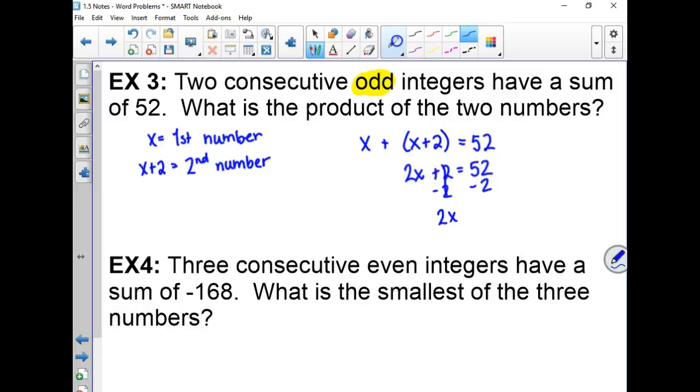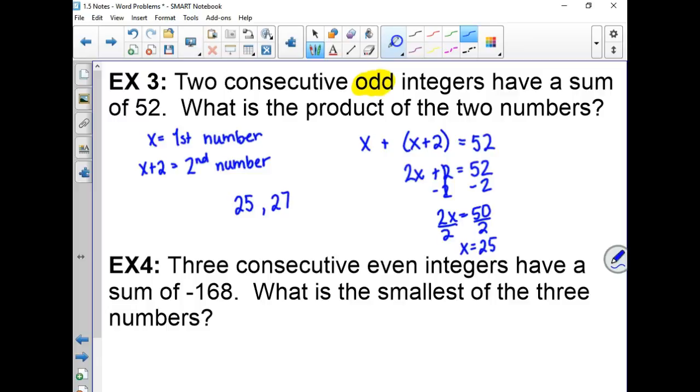So 2x equals 50. And if we divide by 2 here, we get x equals 25. So our 2 numbers are 25 and 27. Those are our 2 consecutive odd integers. If we add them together, we will get 52, like it asks for here.